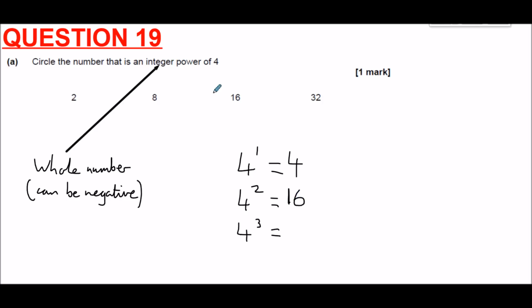And that's the one we can already see on the list. 16 is a power of 4 because it's 4 to the power 2, and 2 is an integer. So for part A we can just circle 16.